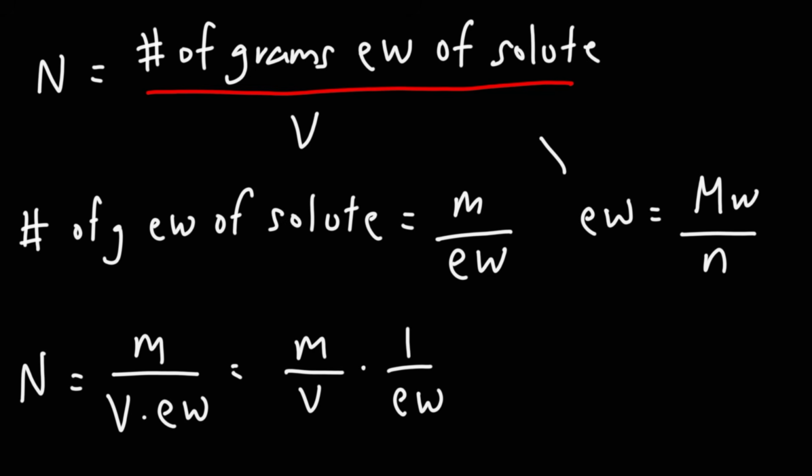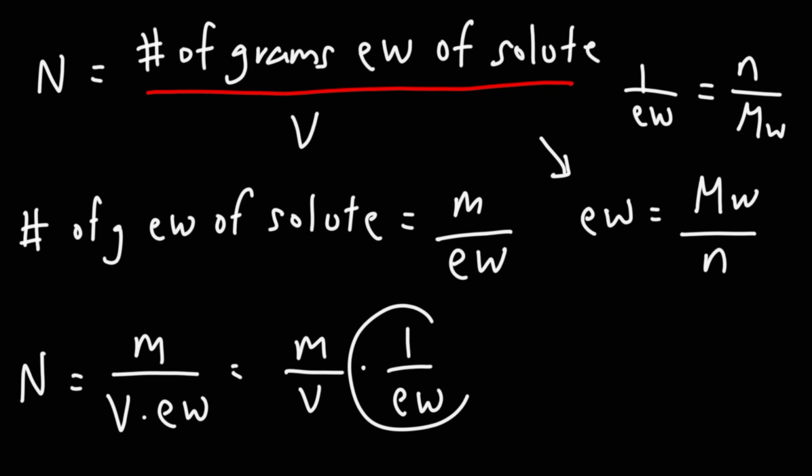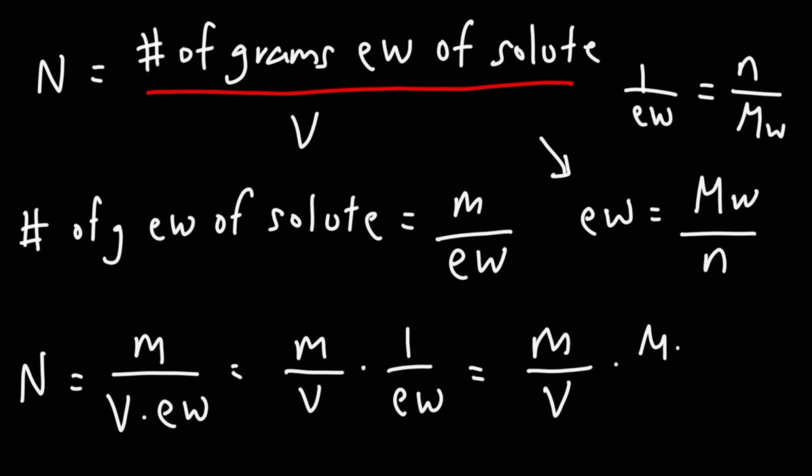Now, if this is EW, 1 over EW is going to be the reciprocal. It's N over the molecular weight. So I can replace this with what we have here. So we have the mass divided by the volume times the molar mass.